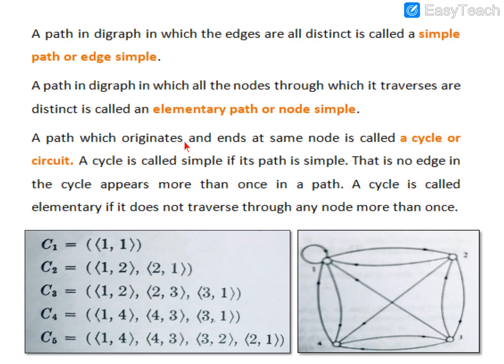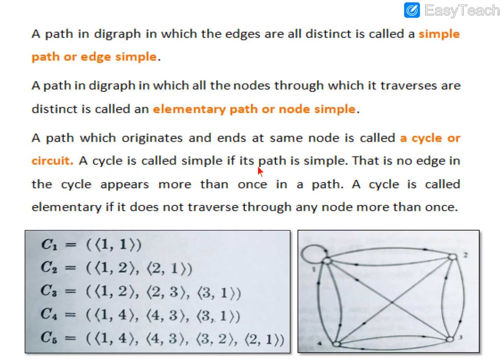Also, a path which originates and ends at the same node is called a cycle or circuit.